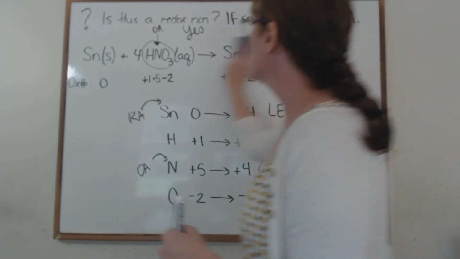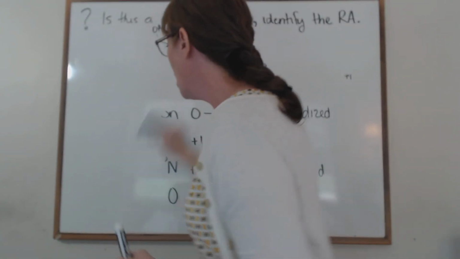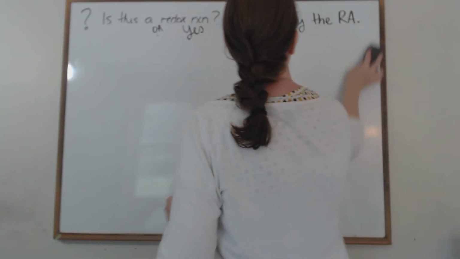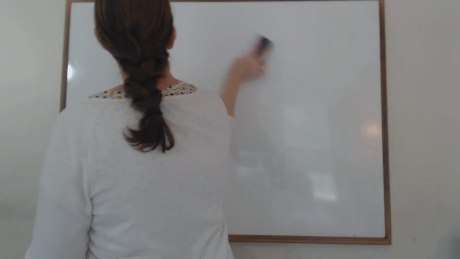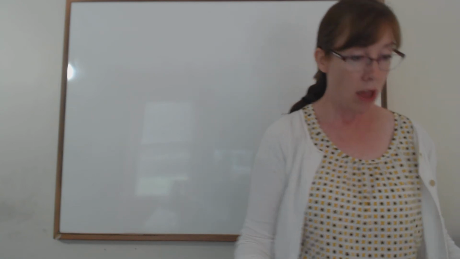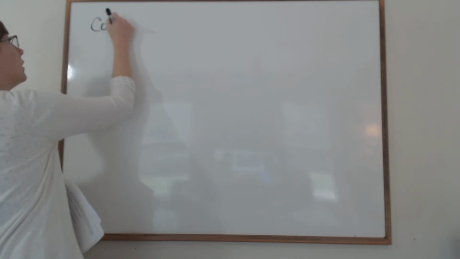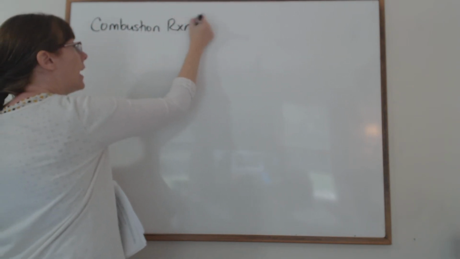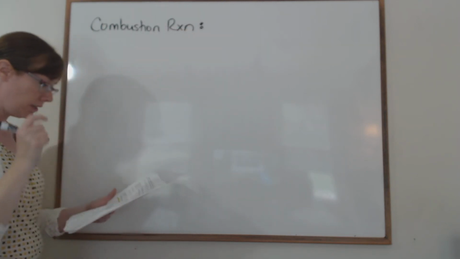Combustion reactions are the last type of chemical reaction, and we will also be doing combustion analysis, and then the video is over. So let's go ahead and just finish this up with combustion reactions. Actually, I'll just label this the singular, combustion reaction.